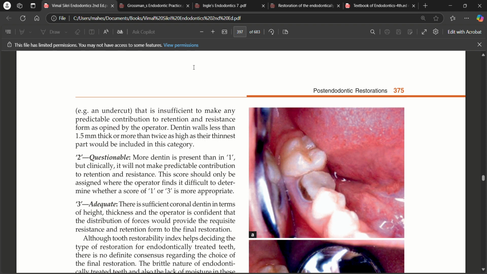A dentin wall less than 1.5 mm thick, or more than twice as high as its thinnest part, would be included in this category. Then 2 is questionable.